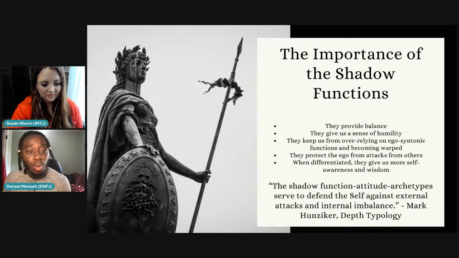It doesn't define who I am, but it is an aspect of who I am, and therefore, I acknowledge it, I accept it, and a lot of times you don't really have to do much about it. The shadow is not necessarily something that you're trying to rid of or destroy, but something more of trying to be aware of and accept within yourself.